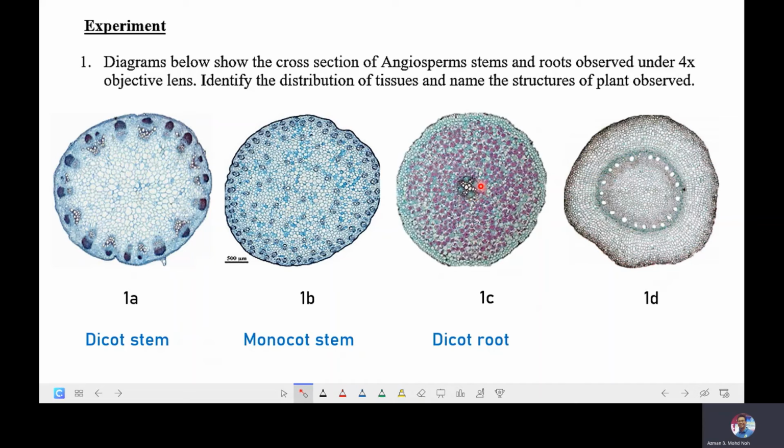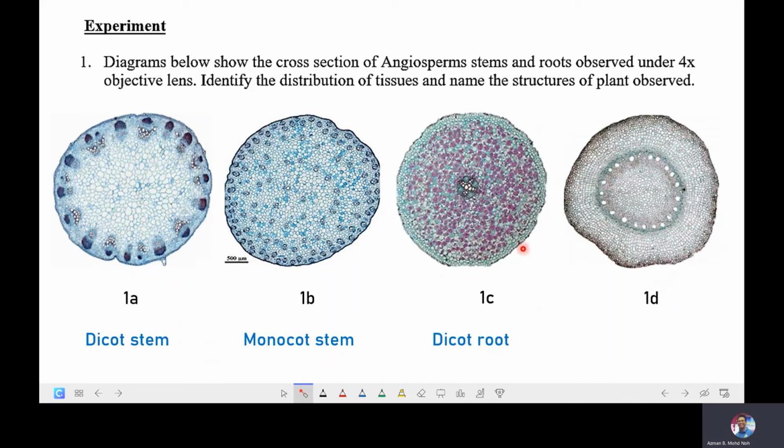And over here, also near the xylem, will be the phloem. This blue colored area over here between the xylem tissue. On the outermost part will be the epidermal tissue, and here will be the cortex region, consisting of parenchyma cells.